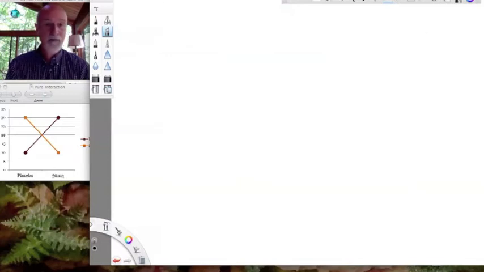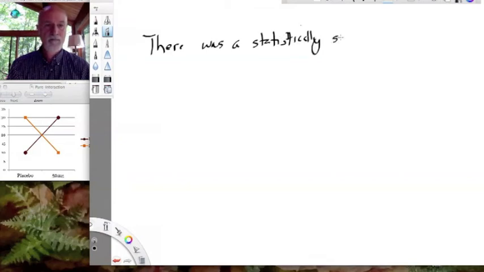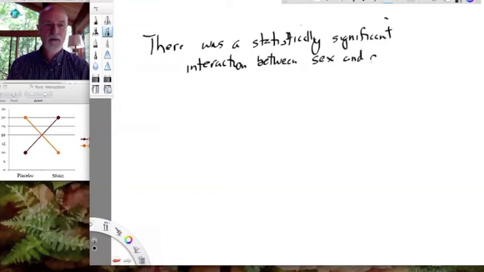So in fact, we could write there was a statistically significant interaction between sex and drug, F equals, P equals, in parentheses.